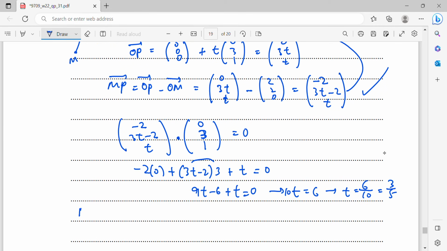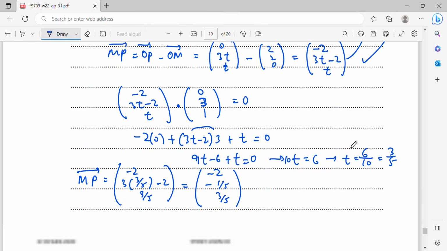So now my vector MP is minus 2, 3t minus 2, and then t. T is 3 over 5. So when you simplify this, it's going to be minus 2 over 5. Oh, sorry, minus 1 over 5. And 3 over 5.